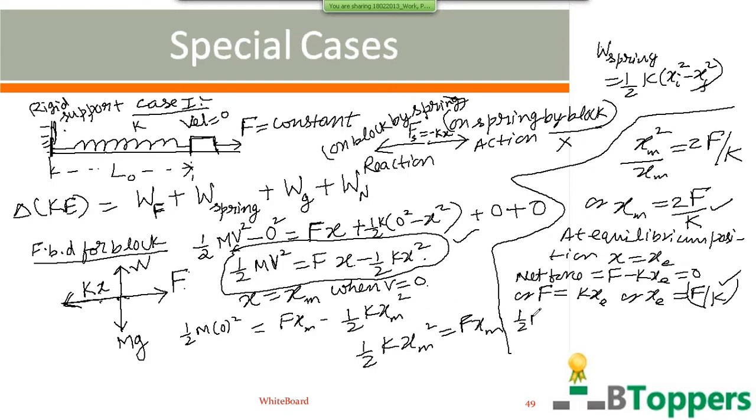The maximum value of v can be denoted by v subscript m. Half into xe, you can write F by k. x equal to F by k at the equilibrium position. Half k into F by k whole square.